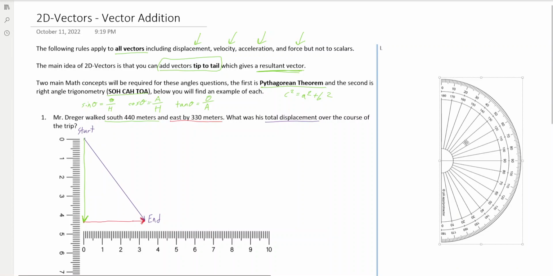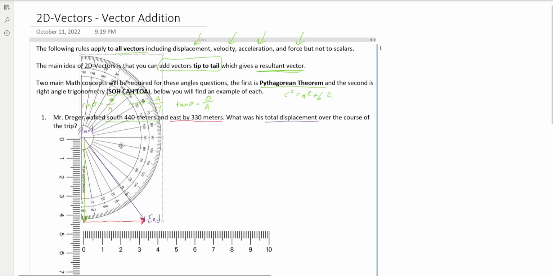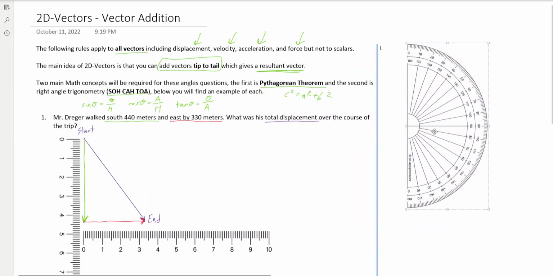Well, unfortunately, I can't show this very well, but you can imagine that if I had this in the right location, then it would look something like this, and you can kind of see what it would be, which is 36 maybe. I'm approximating it here, but roughly, let's say 36 degrees.